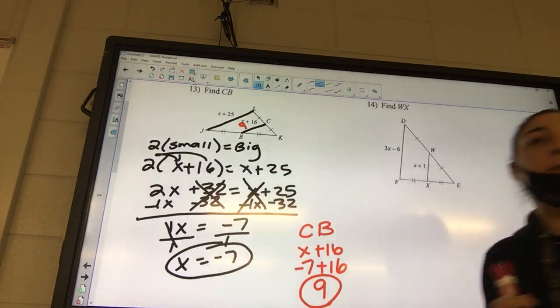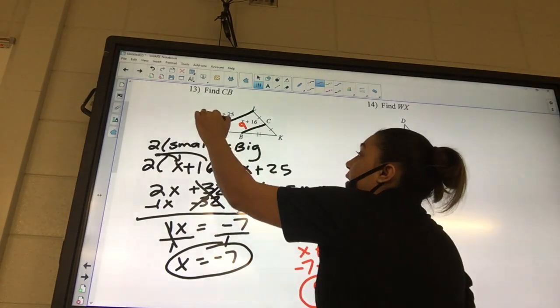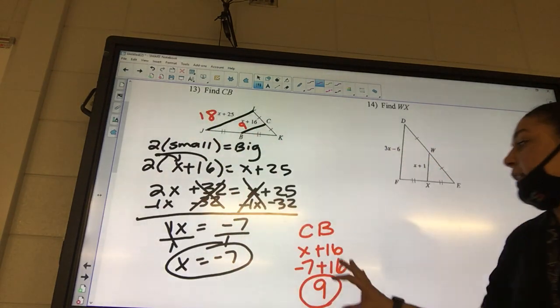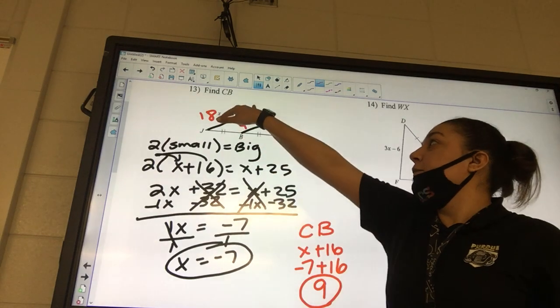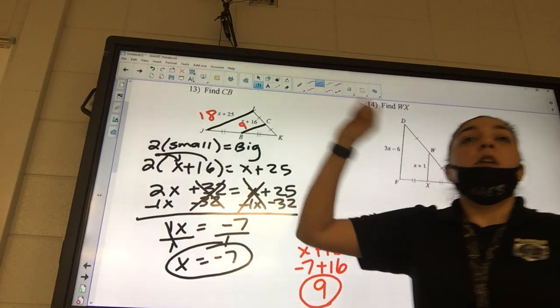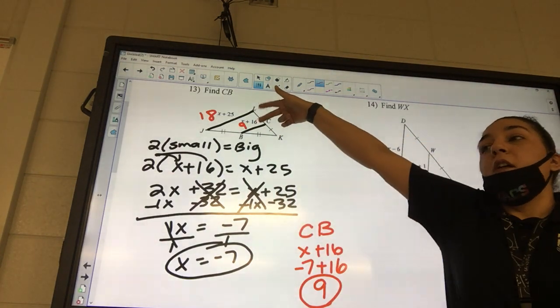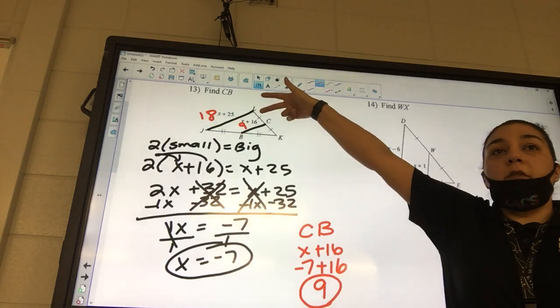Yeah. Okay, so I just want you to think, if this CB, the small one, is 9, what does the big one have to be? 18. Now, this is just my advice. Take it, don't take it. If you accidentally use JL, you would still get 18, and you could write in that one. So even if you plugged it in the wrong one, I would fill out both of these just to cover you.